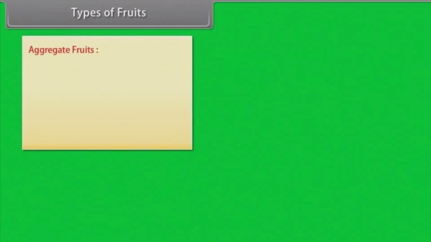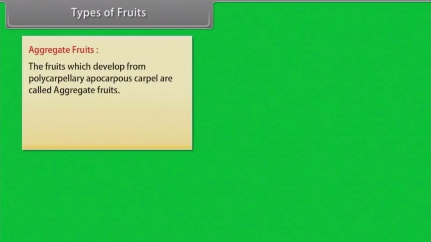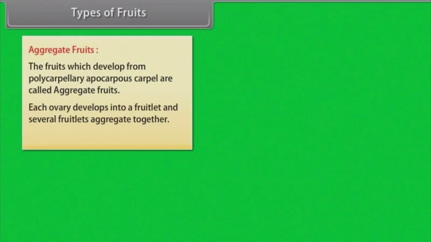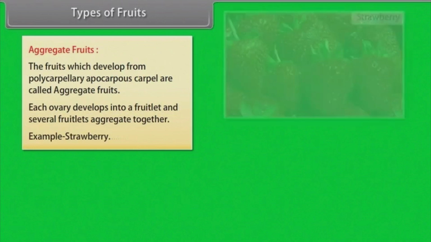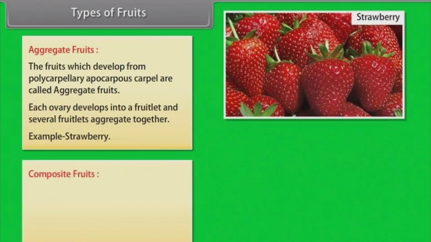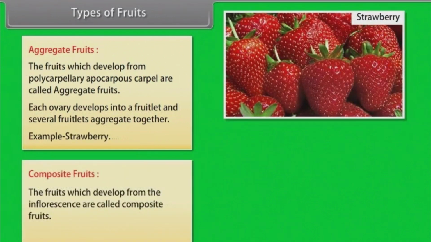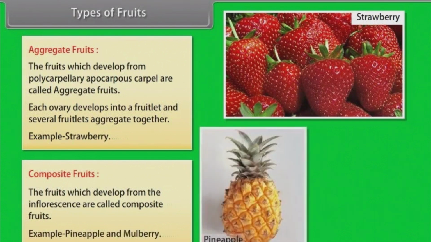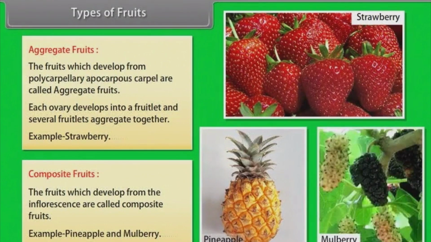Aggregate fruits: the fruits which develop from polycarpellary apocarpous carpel are called aggregate fruits. Each ovary develops into a fruitlet, and several fruitlets aggregate together. Example, strawberry. Composite fruits: the fruits which develop from the inflorescence are called composite fruits. Example, pineapple and mulberry.